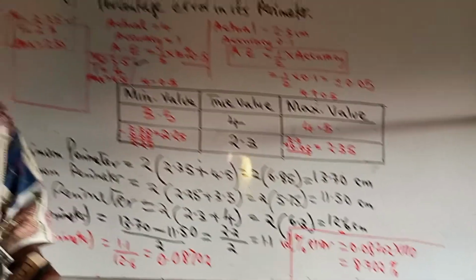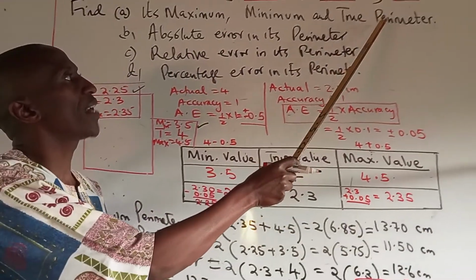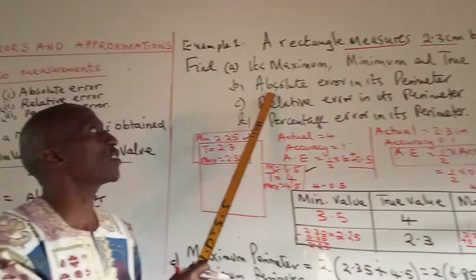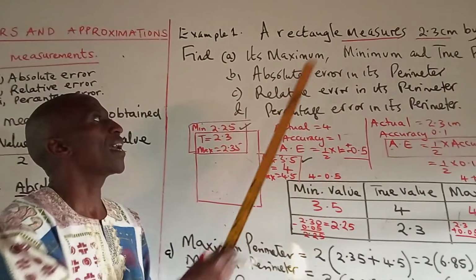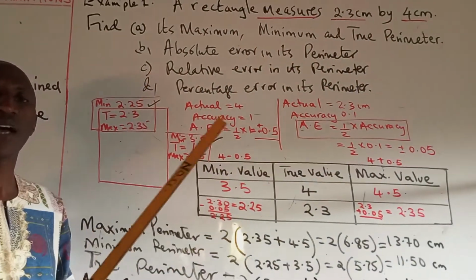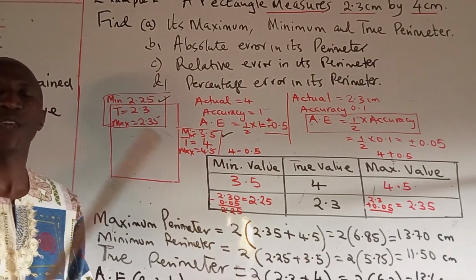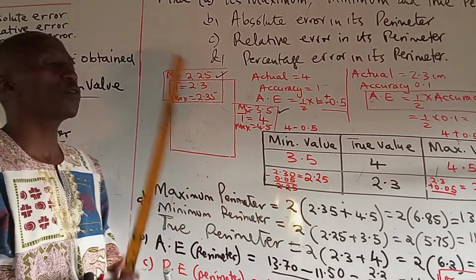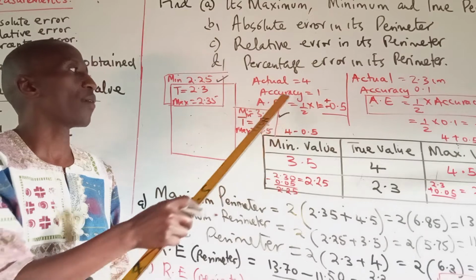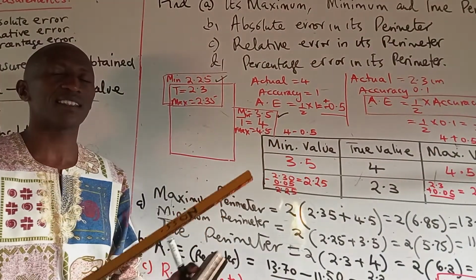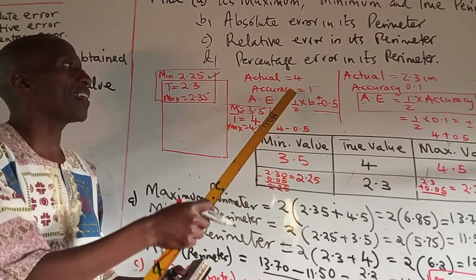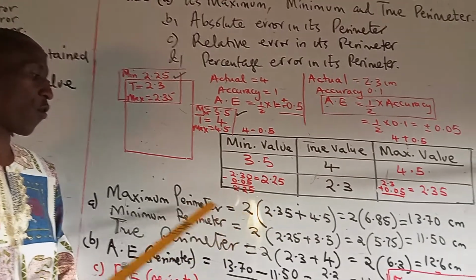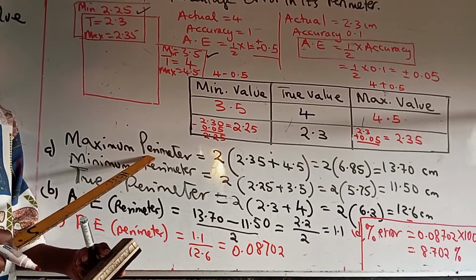So viewers, the way we have done the absolute error, relative error, percentage error in perimeter signifies what we should do whenever we are adding numbers. And very important, I would like you to realize the way absolute error features in 2 ways: in an individual measurement and in a computation which is requiring addition.